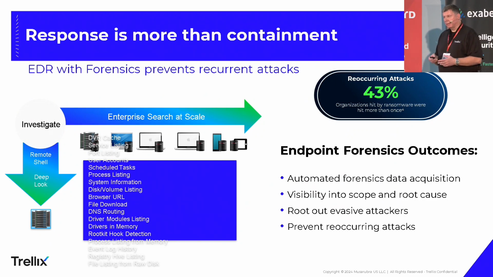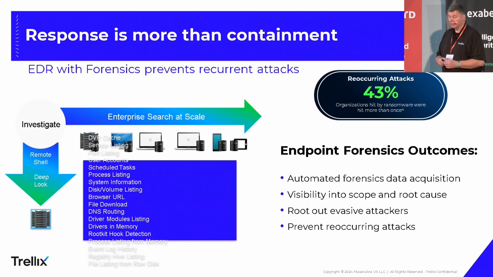So, when people think about response, they think about just containing the issue at hand, but it's about a lot more than that. As I mentioned, we want to reduce recurring attacks, and we can only do that if we have in-depth information available to us to look at what potentially happened. So we need to be able to do enterprise searches at scale, at a very large level as well as at a smaller, more localized level.